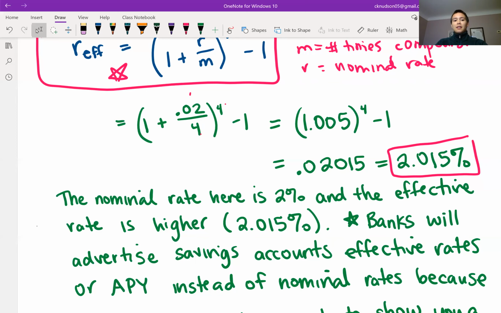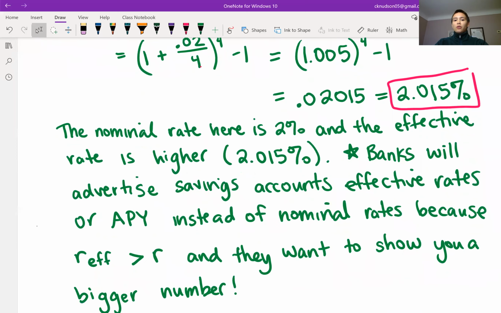What that means is that, say you're going to be investing money into a savings account, banks will often advertise just the savings account's effective rate, or in other words, the APY, instead of the nominal rate, because the effective rate is greater than the nominal rate, and they want to show you a bigger number.